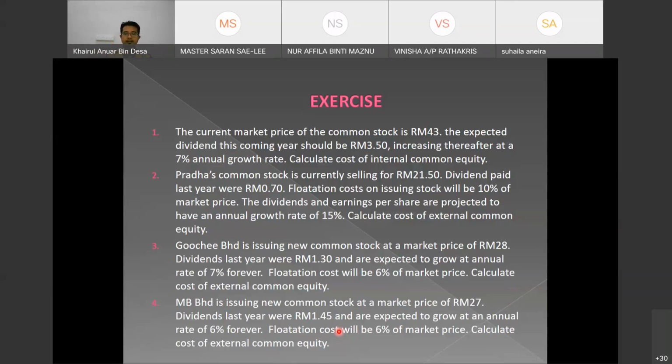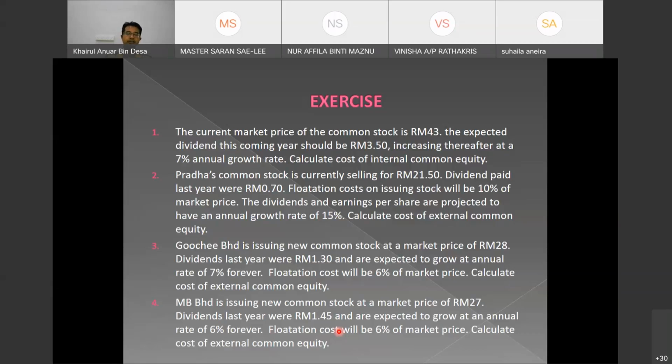Sebab kalau kita nak, as I mentioned earlier, if the company wants to issue common share and sell to the public, they involve an investment bank.